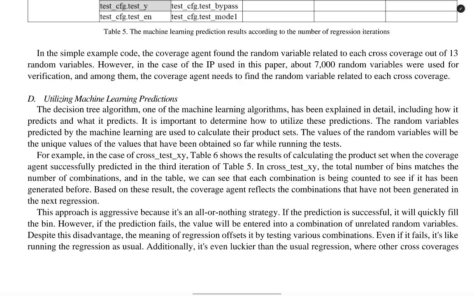So in cross_test_XY, we can see the total number of combinations in the table, and each combination is counted to see if it has been generated before. Based on these results, the coverage agent reflects the combinations that have not been generated in the next regression.